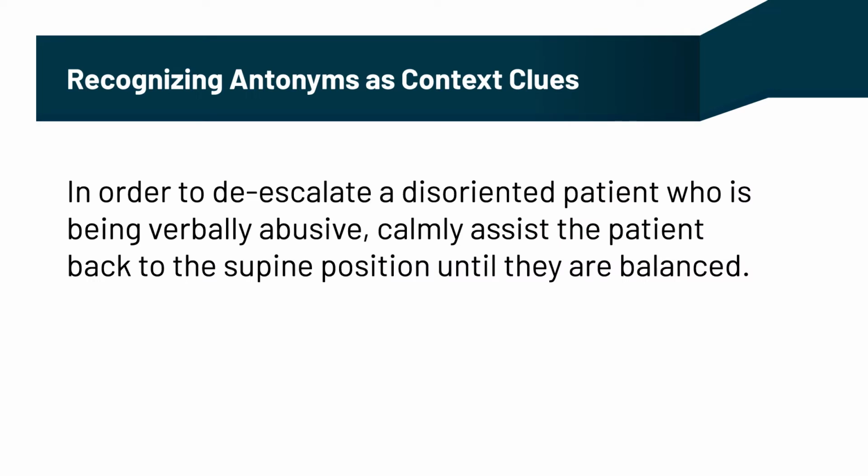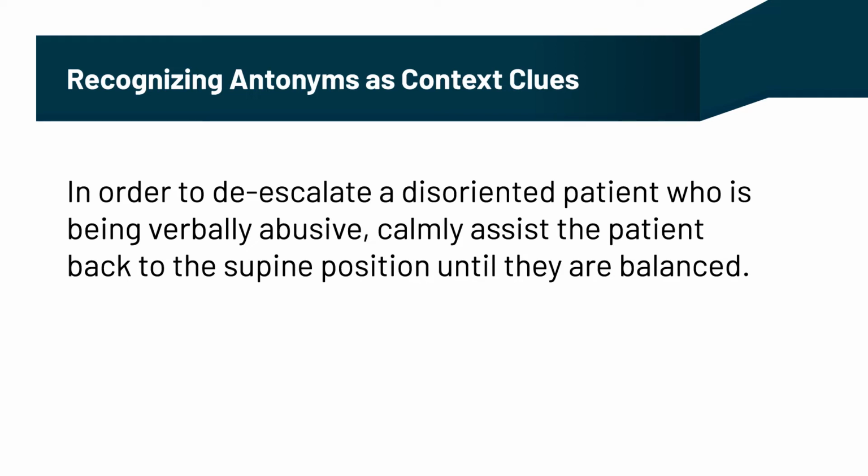Our next strategy is recognizing how the writer uses an antonym to help the reader comprehend the unfamiliar word. Let's read this sentence. In order to de-escalate a disoriented patient who is being verbally abusive, calmly assist the patient back to the supine position until they are balanced.